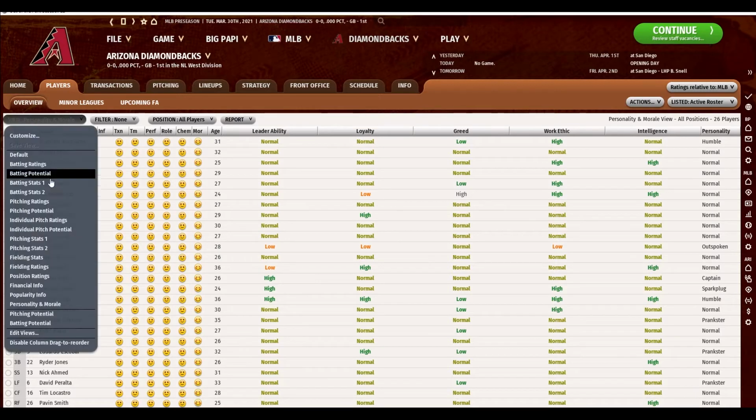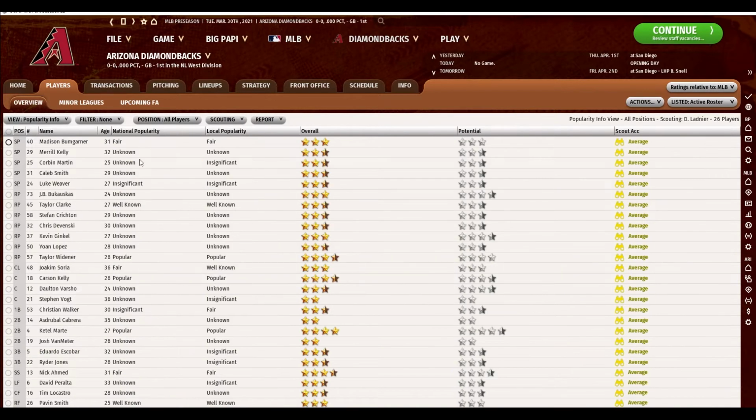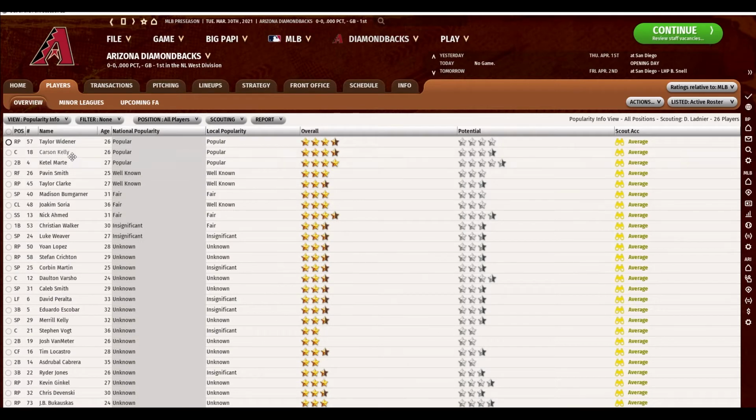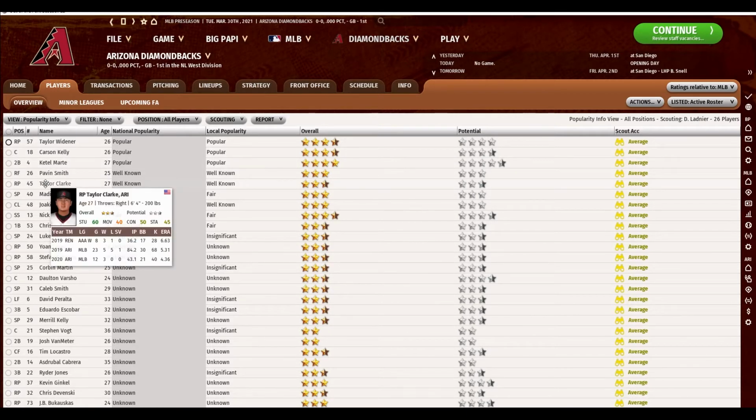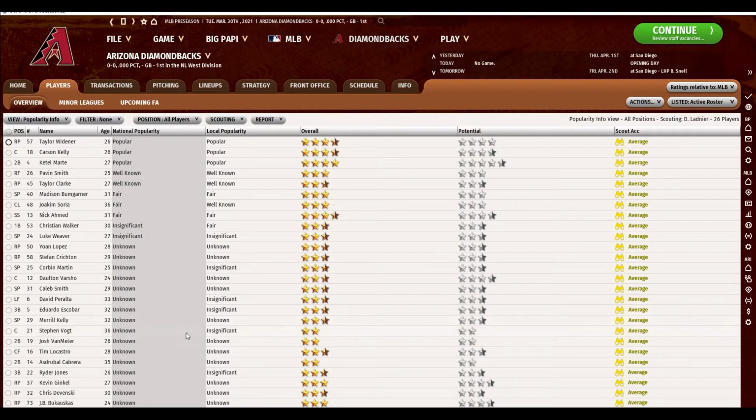Popularity. So if we trade someone like Carson Kelly, which we wouldn't do because he's 26, or Ketel Marte, thankfully our 4 best players here are popular. You can generally trade any of your insignificant or unknown players without taking a bump to fan interest. Once you get up into this range, you're going to start to see fan interest drop a little bit or whatever.